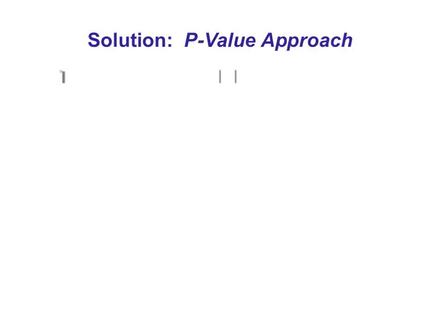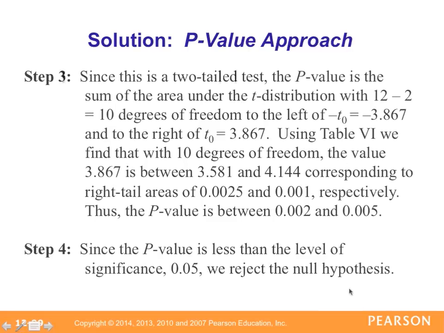Those are the values you actually see on your table. And those correspond to probabilities between 0.0025 and 0.001. So in order to get our actual p-value, we need to multiply by 2 since we have a two-tailed test. So we have values between 0.002 and 0.005.